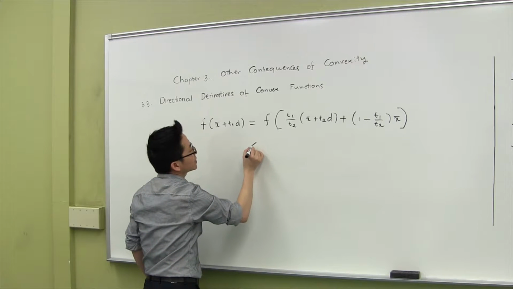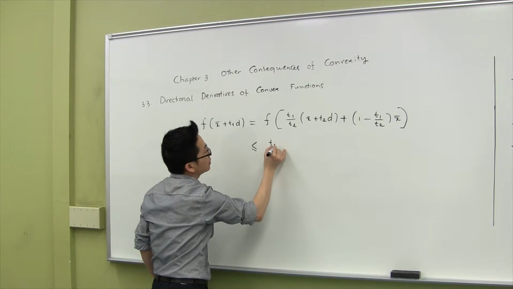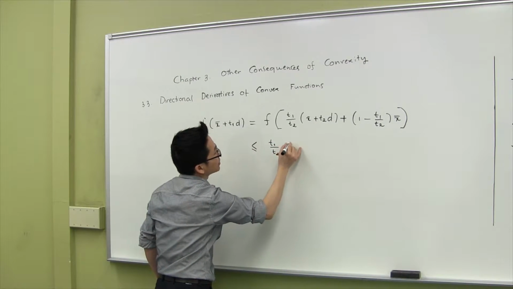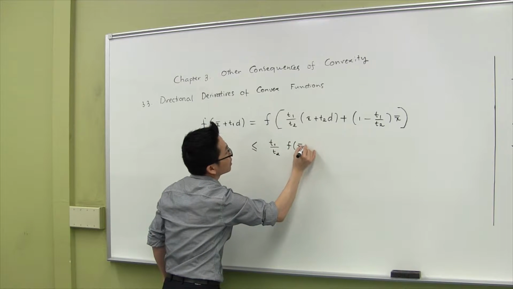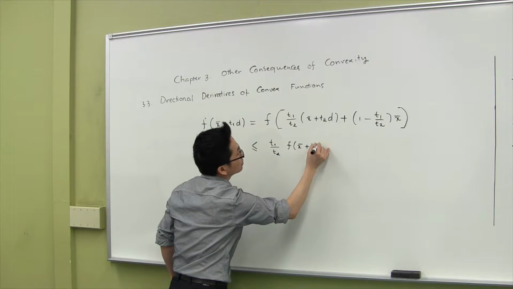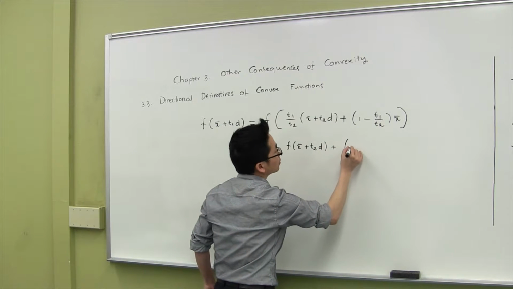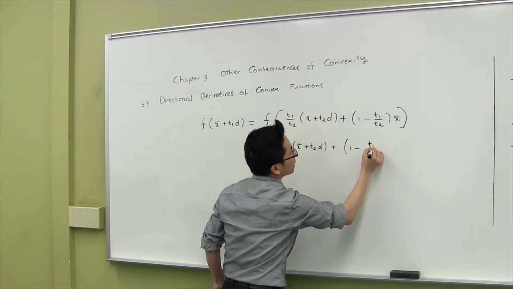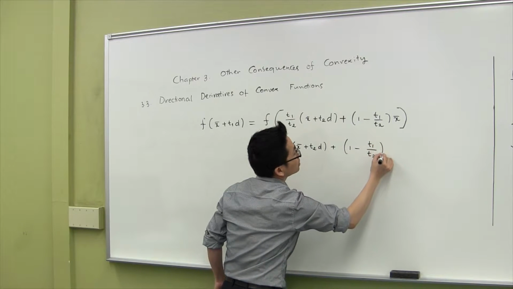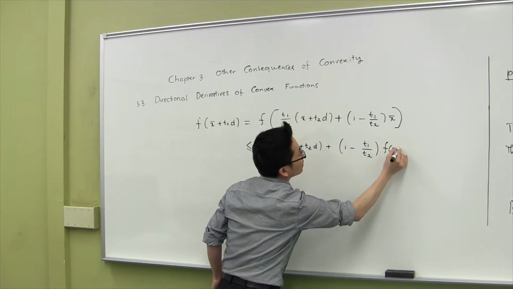This is less than or equal to t1 over t2 times f of x bar plus t2 times d plus 1 minus t1 over t2 times f of x bar.